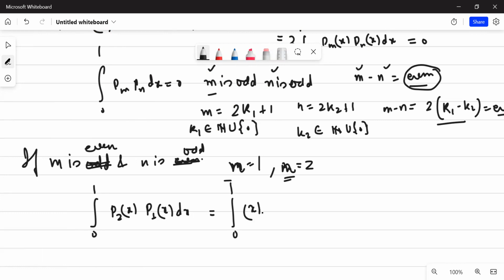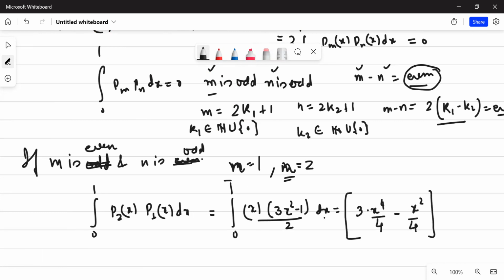This is x into (3x square minus 1) upon 2 dx. And eventually you'll get 3x cube, which integrates to 3x to the power 4 upon 4, minus x upon 2, which gives x square upon 4. So this is x cube, 3 plus 1, that is 4 upon, I think this will be 8.